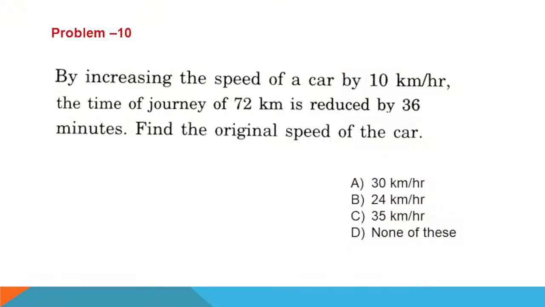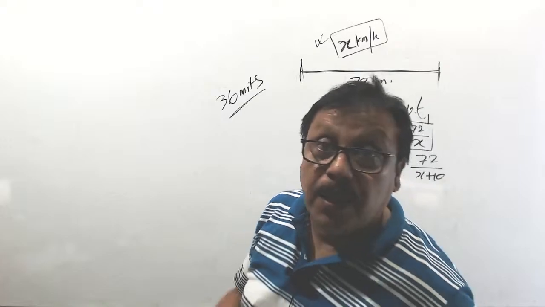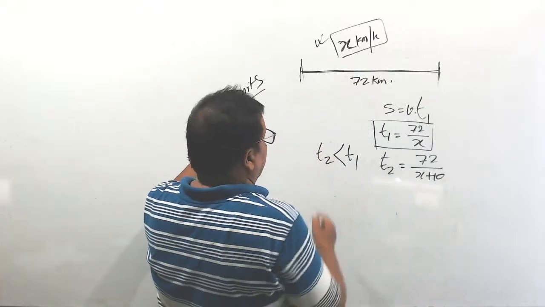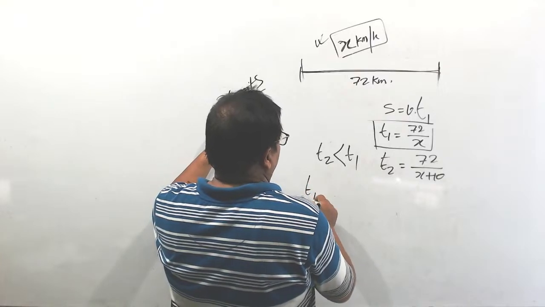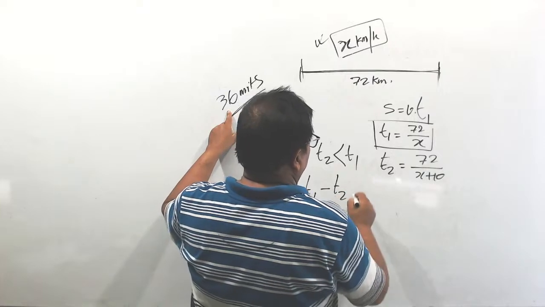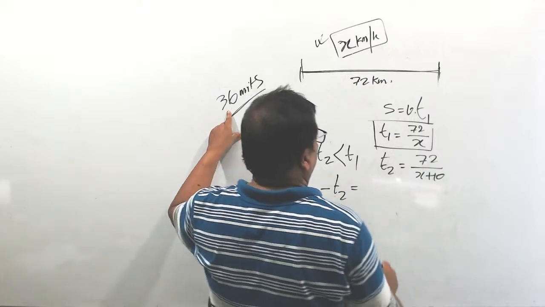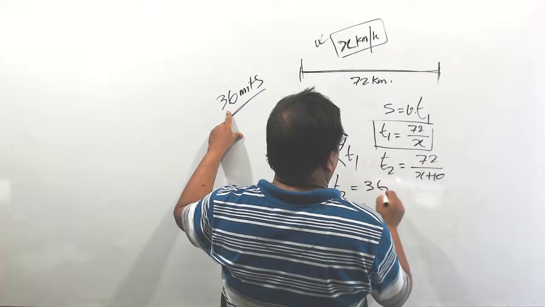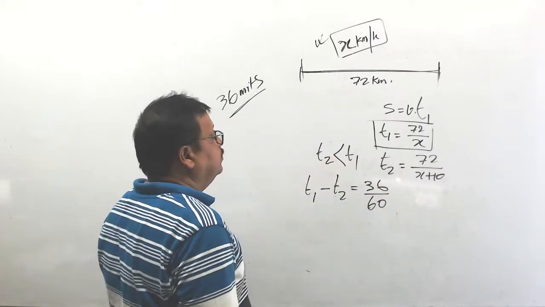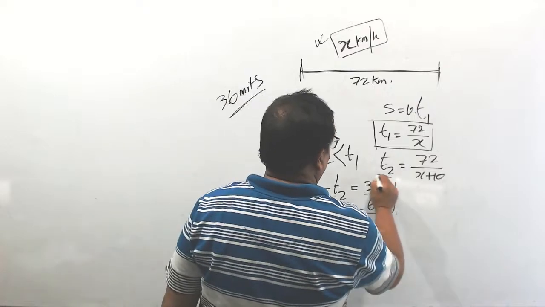In the problem, the time is reduced by 36 minutes. Reduced means less. So T1 minus T2 is equal to 36 minutes, that means 36/60 hour. Understood? Can you write this?